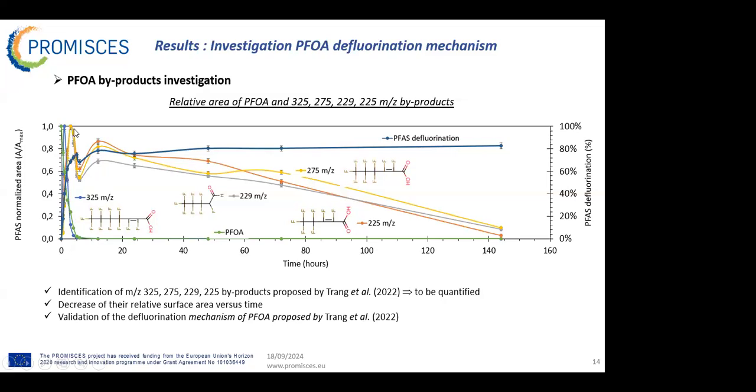So they increase, decrease, increase again, decreasing until reaching zero, but not zero. So we have to quantify them. This is really, really important. What we also see, that was a nice investigation, because we are, with those molecules, validating the defluorination mechanism proposed by Trang et al. using calculations.